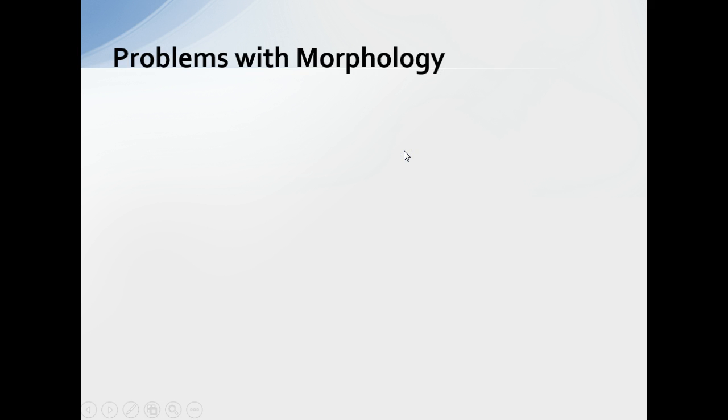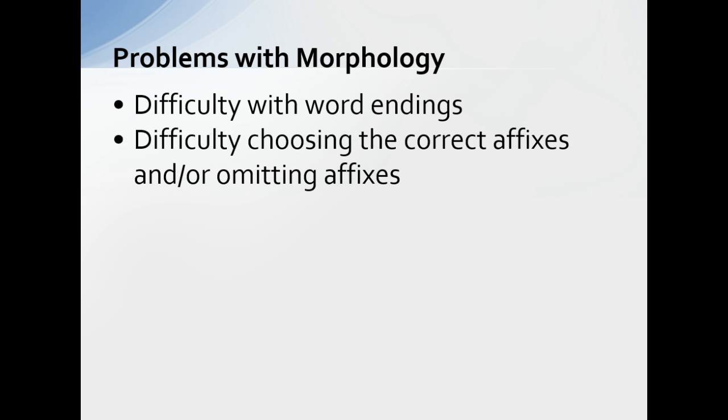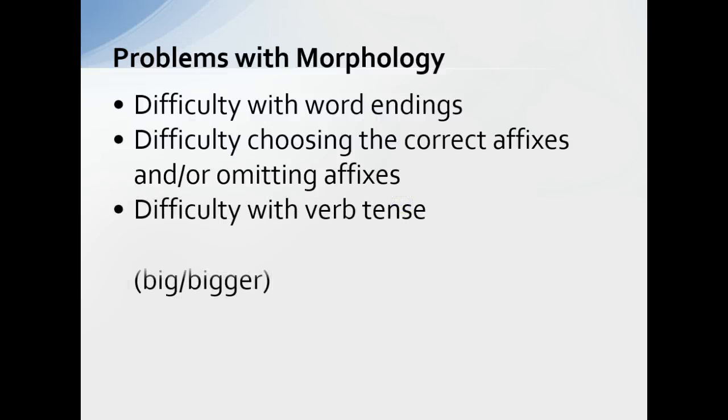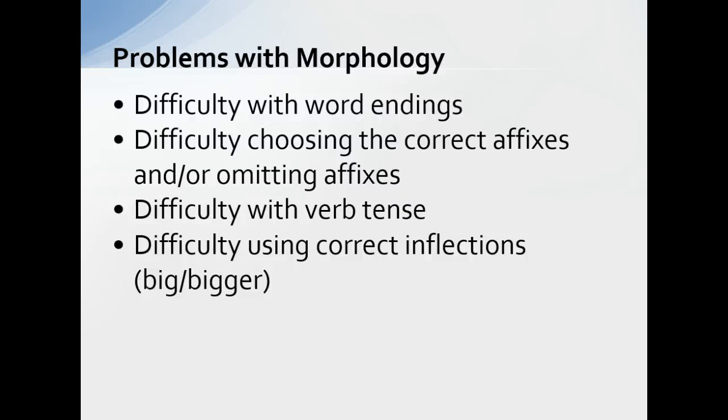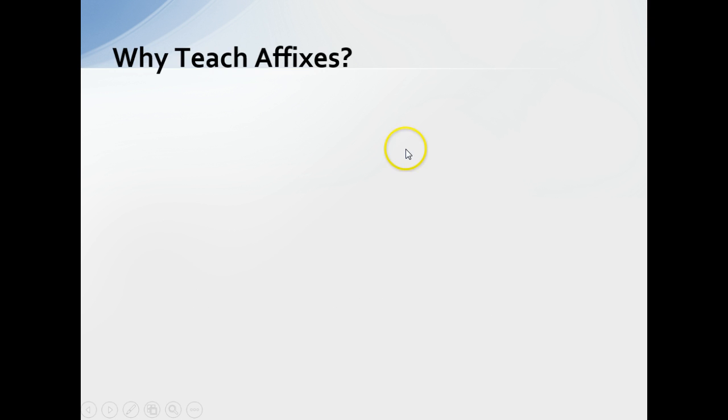Then we have problems with morphology. This is one where there's a difficulty with word endings. We have difficulty choosing the correct affixes, prefix and suffix, and or omitting them. Difficulty with verb tense, and difficulty using correct inflections, big versus bigger, and lastly, difficulty with word derivatives. So why do we need to teach affixes, the prefix and the suffix?